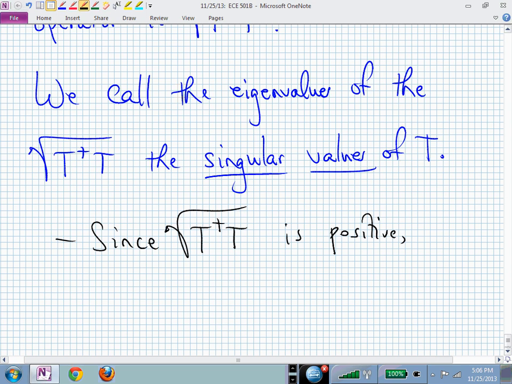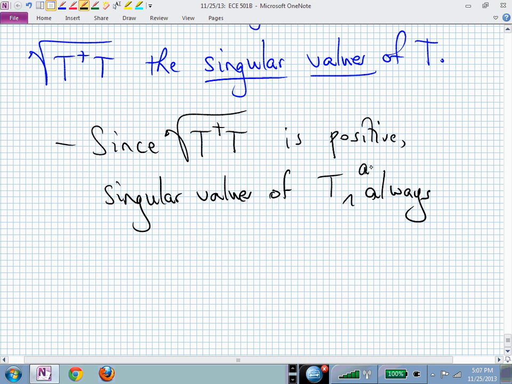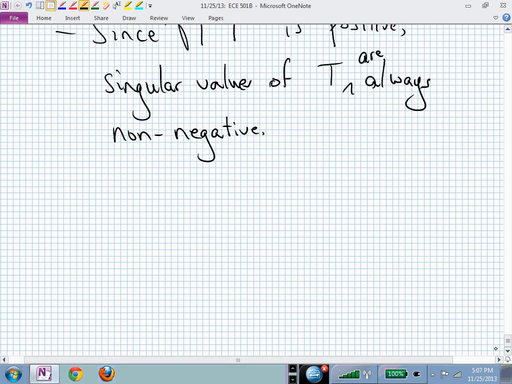Since that operator is positive, the singular values of t are always non-negative. So if somebody gives you a negative singular value, you go, wait a minute, there's a typo or something's wrong. All of the singular values of a linear operator need to be non-negative. They can be zero, but they're going to be non-negative.